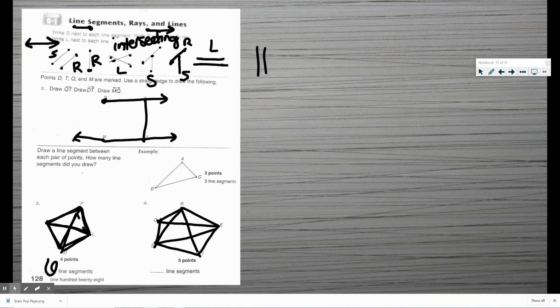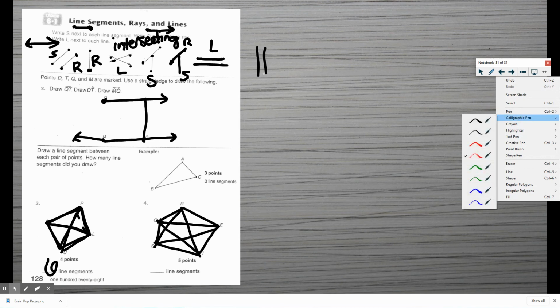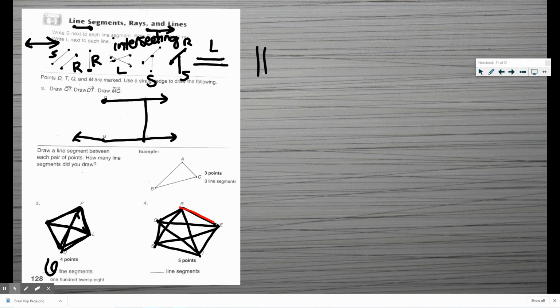And then I can go to O. So when we are done, we have a star, and we can count our line segments. So we have 1, 2, 3, 4, 5, 6, 7, 8, 9, 10. I have 10 line segments.